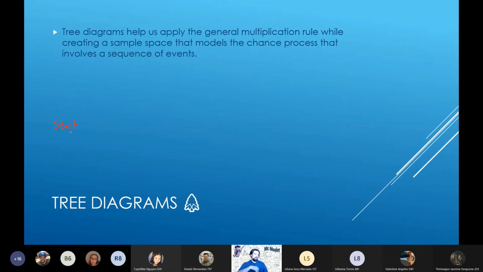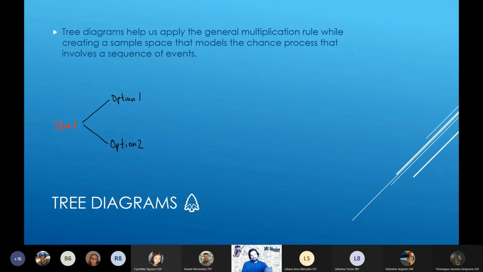Maybe we're selecting from a sample of people, or something happens and it triggers a sequence of events. It depends on the context. So we have this start point, and let's just say there are two options. I'm just doing this in general. Let's say option 1 and option 2.